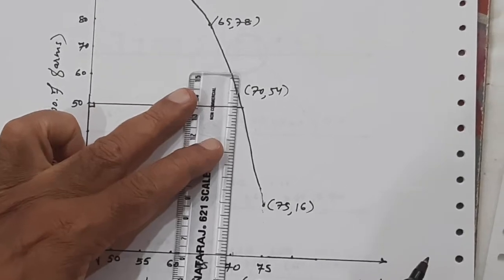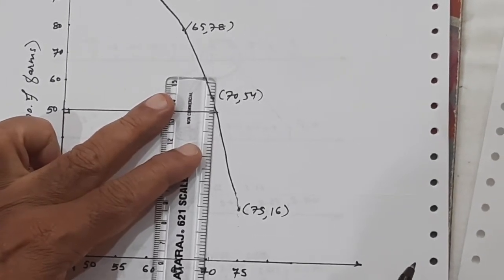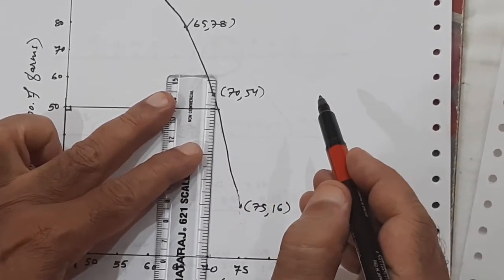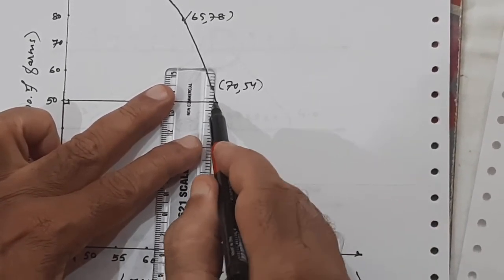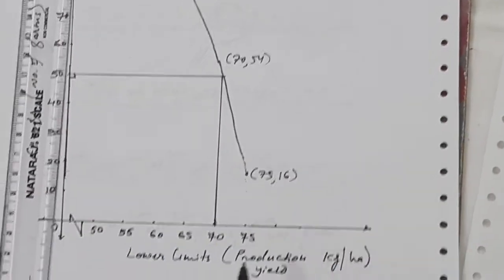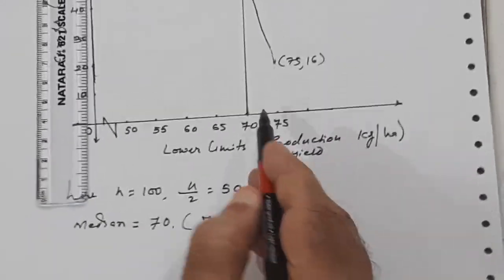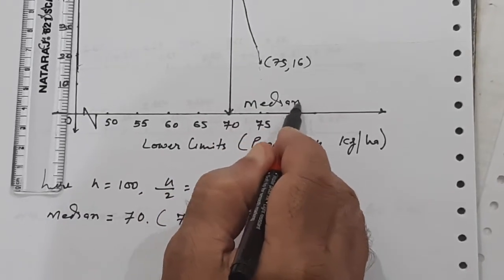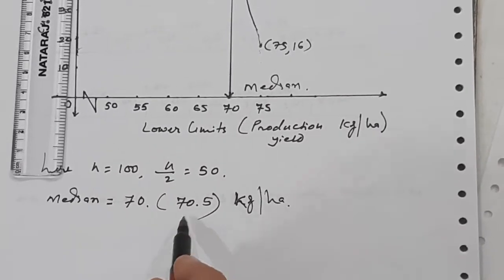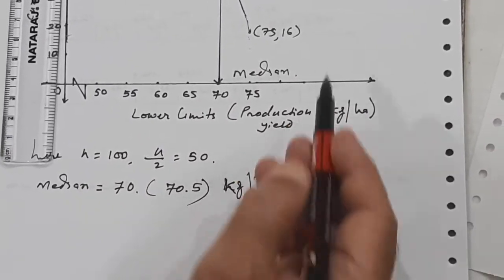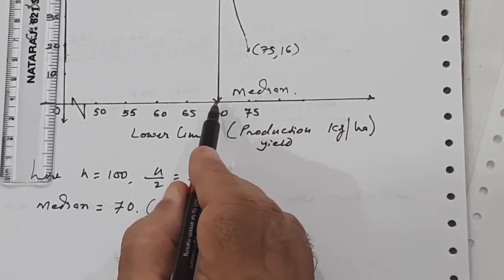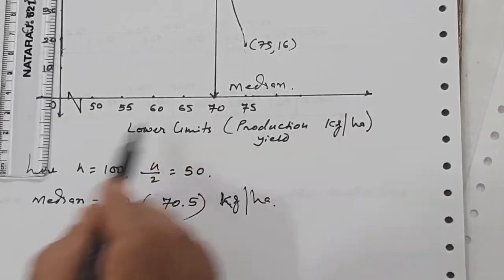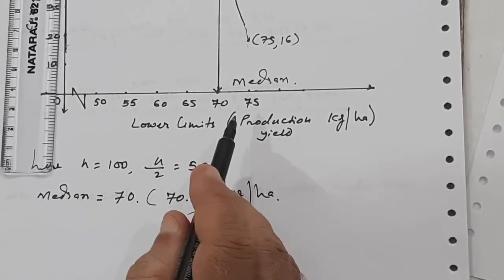And from this point you draw a perpendicular to the x-axis. It meets at 70. So this 70 will be the median. So the median is 70. Actually I have calculated it is 70.5. Now if you draw the graph exactly, you will get that 0.5 will be a very small distance from 70 onwards. So this is how to find the median.